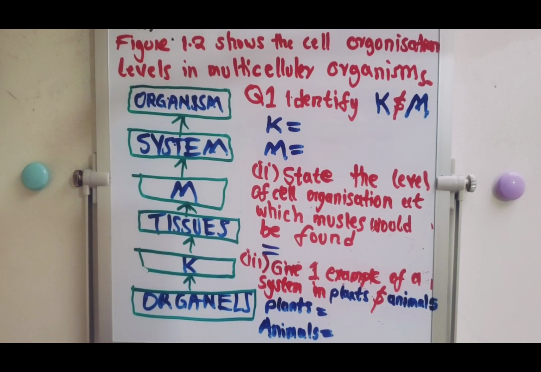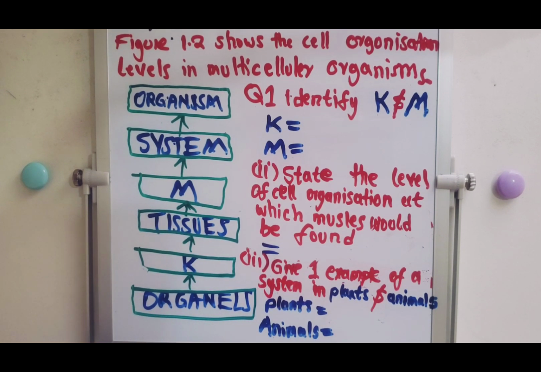And in today's lesson, I want to tackle this question from 2022 ECZ Biology, question 1B. Okay? And the question reads, Figure 1.2 shows the cell organization levels in multicellular organisms.